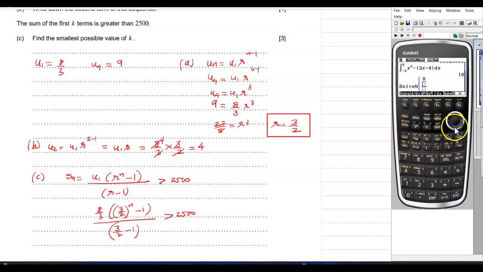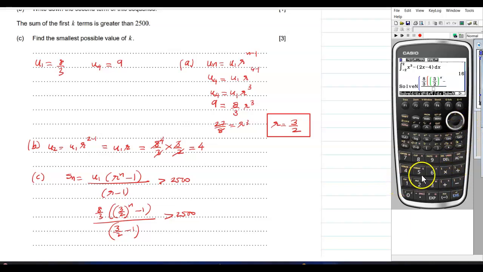8/3, open brackets, open brackets, then 3/2 raised to, actually I could have put 1.5 now. 3/2 close brackets raised to n, raised to x, correct?